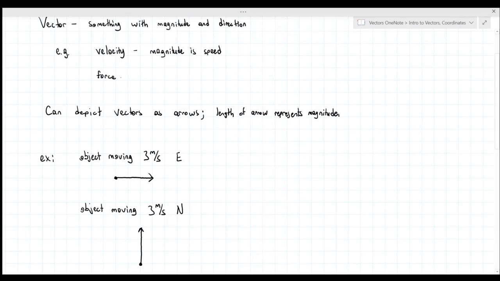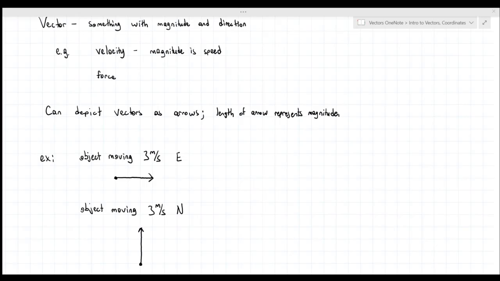Another example of a vector that I have listed here from physics is force. You will be learning more about velocity and force in the two physics workshops tomorrow and Wednesday. Can anyone think of other examples of vectors aside from velocity and force? Yeah, so acceleration is another example of a vector quantity, as well as position.